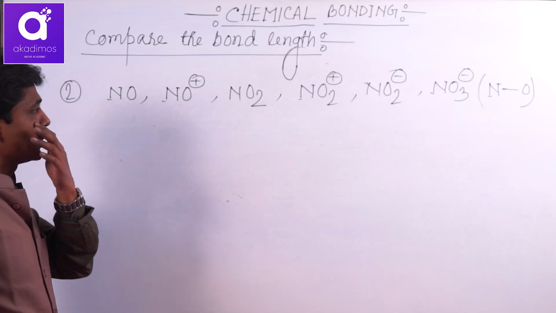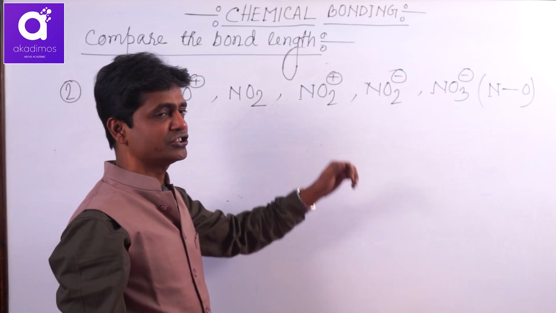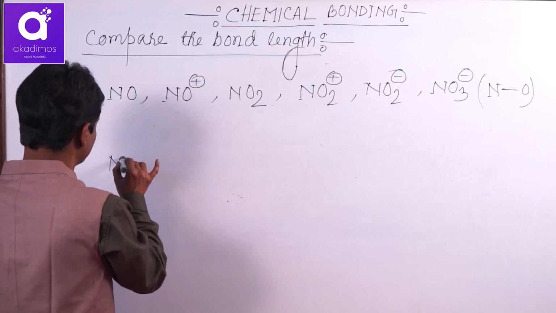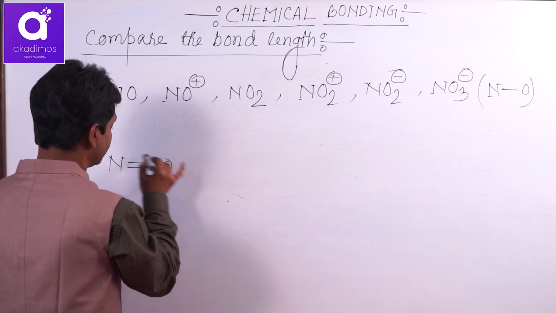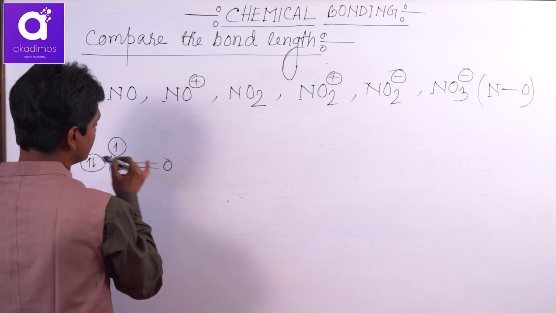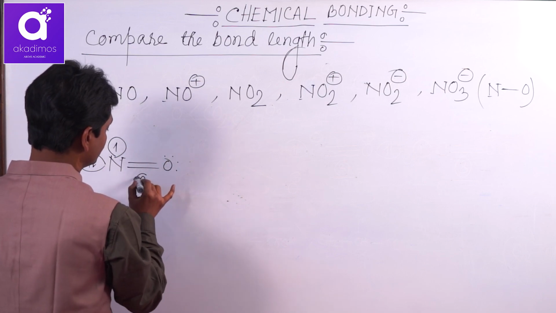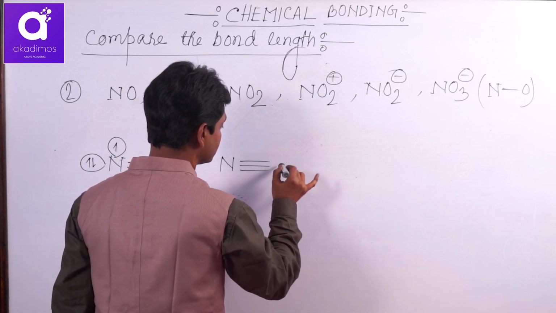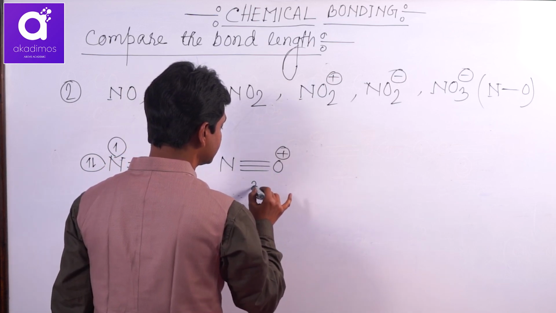Here also you have to draw the structures of the different nitrogenous species or molecules. First I am drawing NO. You know the structure of NO, that is this one, here bond order 2. NO plus structure you know, here bond order 3.